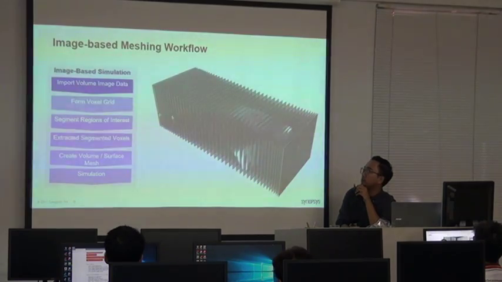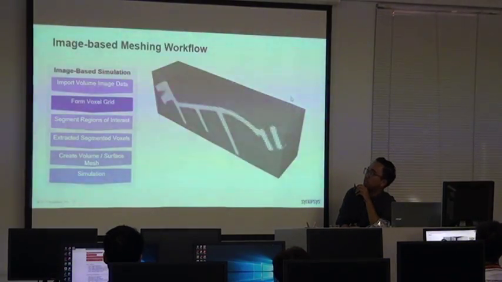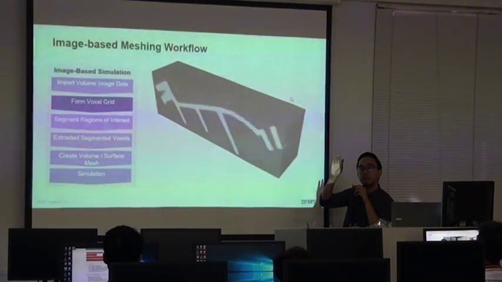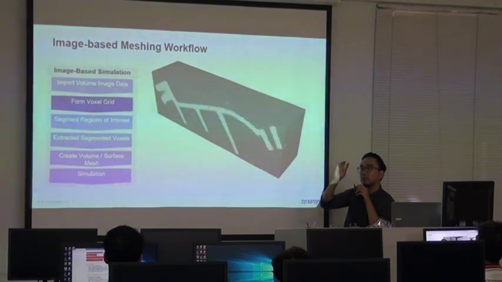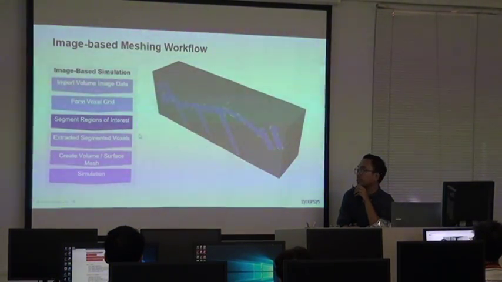Okay, so the workflow: we import this stack of 2D images into Simpleware, and then in the image we have a pixel, and the pixel will be interpolated and become a voxel grid, and then we do a segmentation or selection of region of interest.